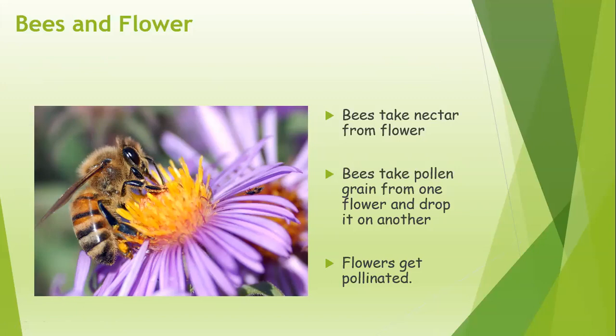This is how the flowers reproduce. So my question here is, what do you think? Is the bee benefiting from the relationship or is the flower benefiting from the relationship? Okay, let's think about it. Bees are taking nectar from the flower, right? So bees are getting their food from the flower, right? So if the bee is getting food from the flower, is the bee benefiting, or is it getting harmed, or is it neutral?